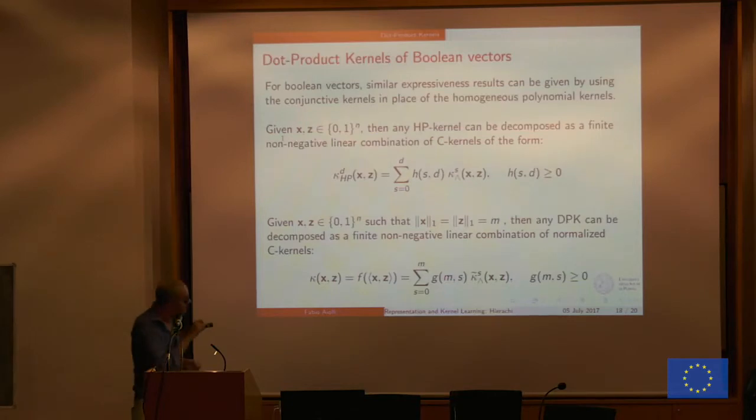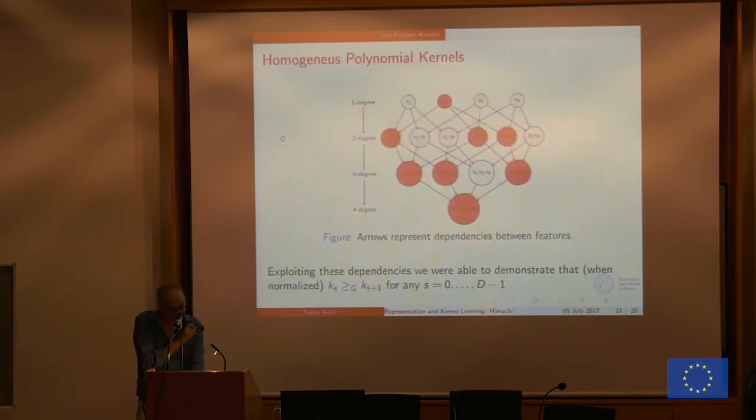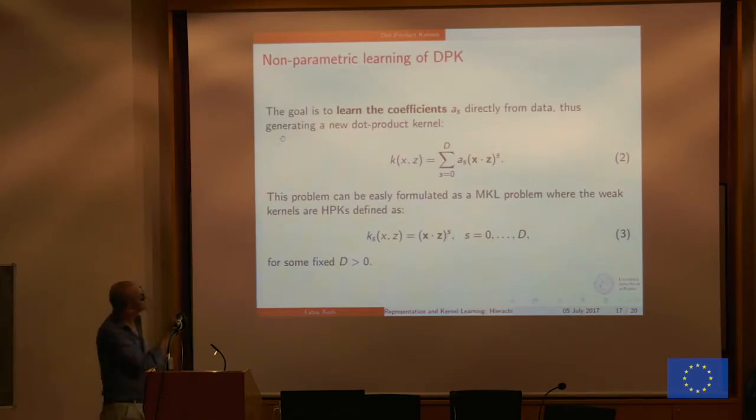Okay, but these values are clearly not the same as h, because this is the coefficient that you need to form the dot product kernel. While this is the coefficient that you need to form the homogeneous polynomial kernel, which is just one part of it: this part of degree d, of degree s.